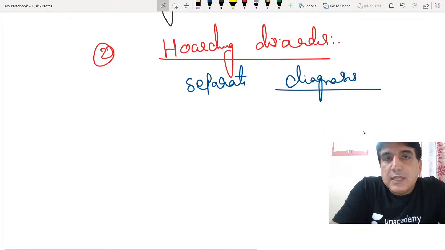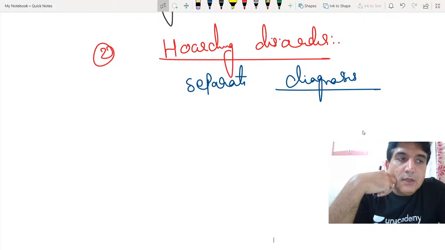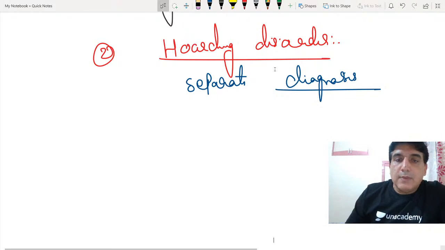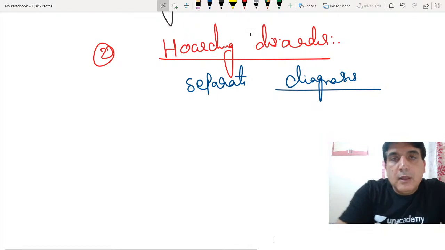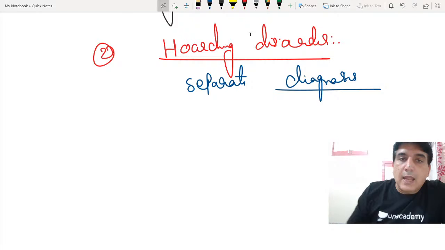Hoarding disorder has a worse prognosis because exposure and response prevention therapy is not very useful in hoarding disorder. In this disorder, the patient has a habit of collecting useless or discarded things at home.